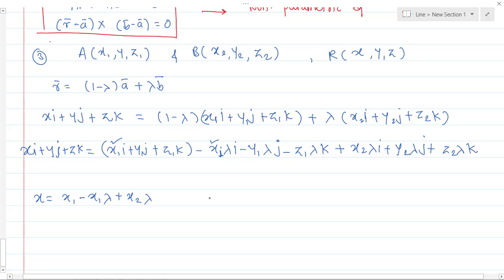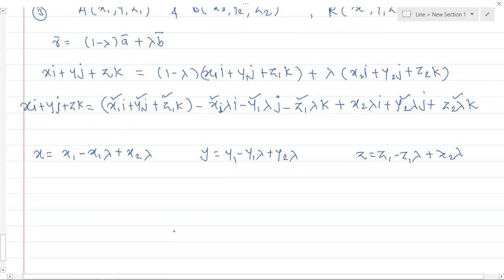Similarly for j, you will have y is equals to y1 minus y1 lambda and plus y2 lambda, and for z you have z1, okay, minus z1 lambda and plus z2 lambda, okay. Now simplify this.